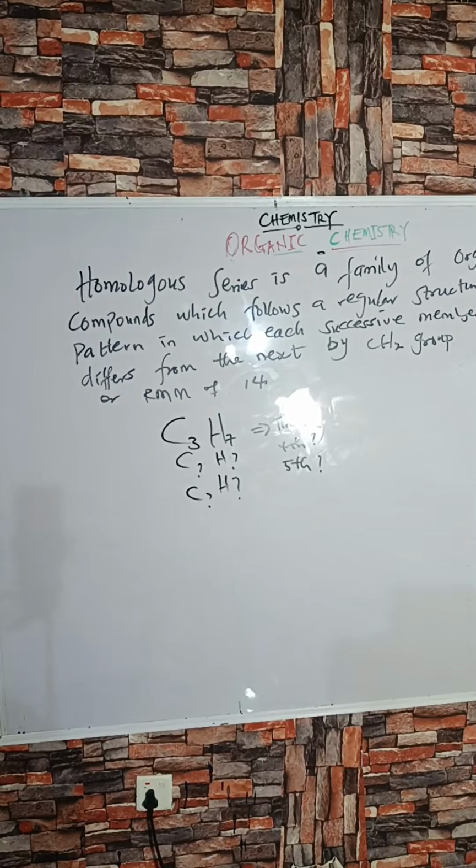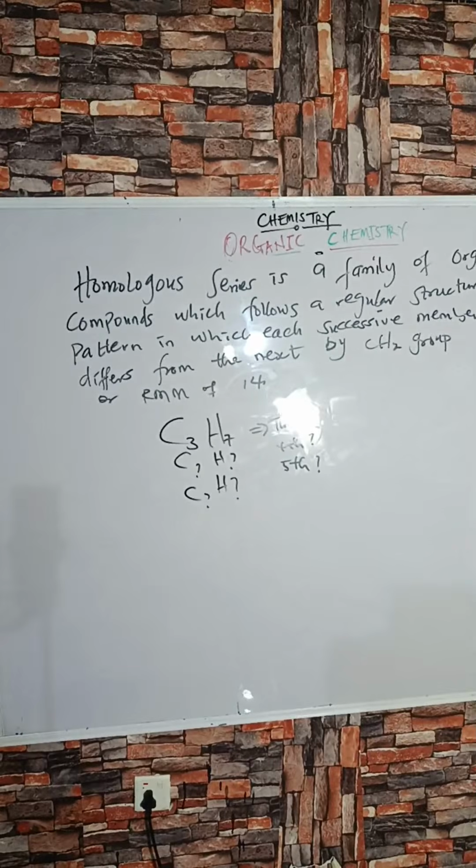No, that's not the formula of the fourth member. If you say C4H9, that's for the fourth member. What will happen to the fifth member? C4H9 is correct. C3H8 is not correct. We are looking for the fourth member.